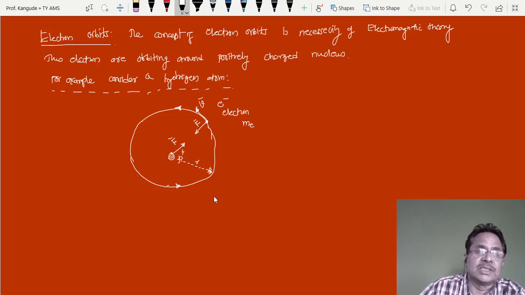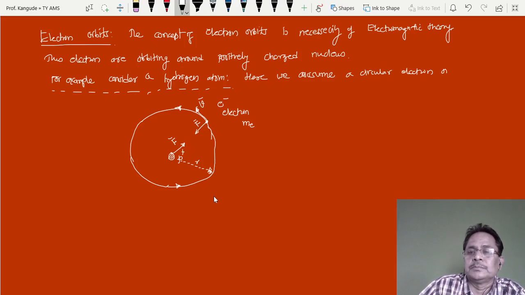Consider this example of a simple hydrogen atom having a single electron. Here we assume a circular electron orbit for convenience.